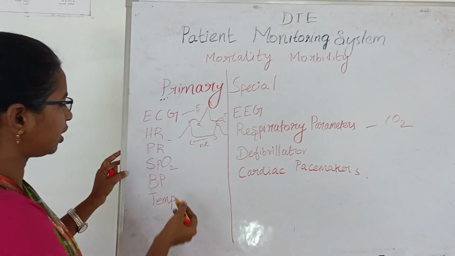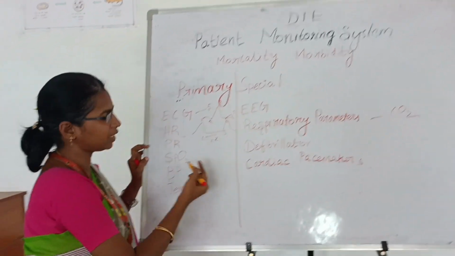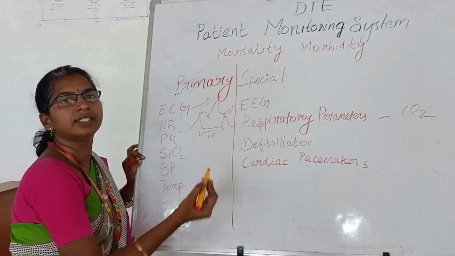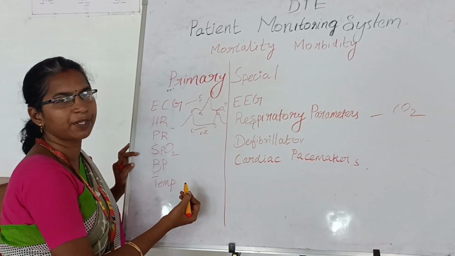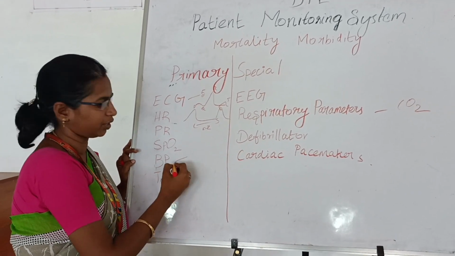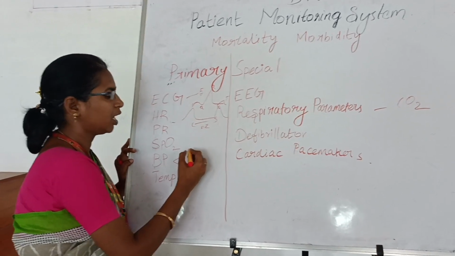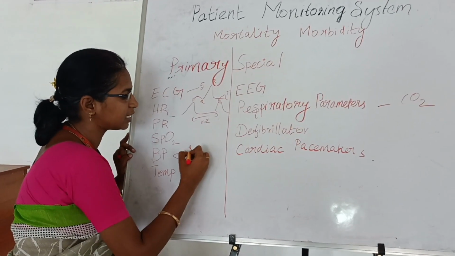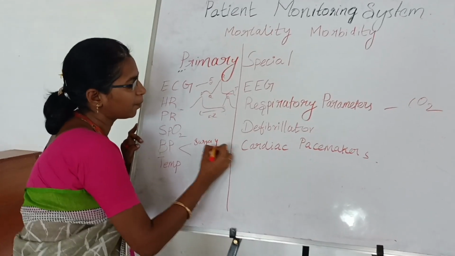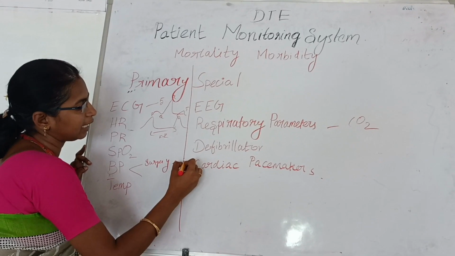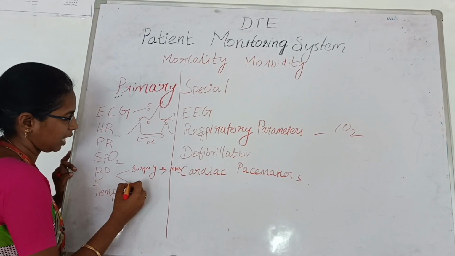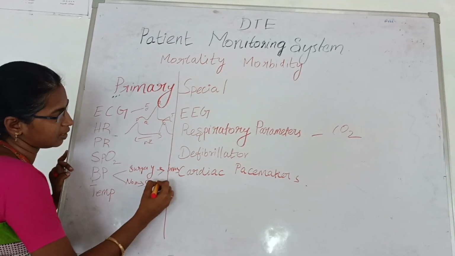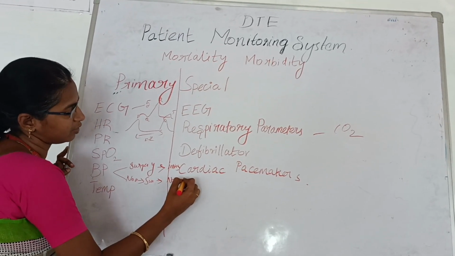Then based on your oxygen level, they will place a pulse oximeter in the patient monitoring system. They will calculate the SpO2 value and blood pressure. For blood pressure monitoring, it depends on which case they are going to monitor. In surgery cases, they will monitor with the invasive method. And if it is a non-surgery case, they will use the non-invasive method.